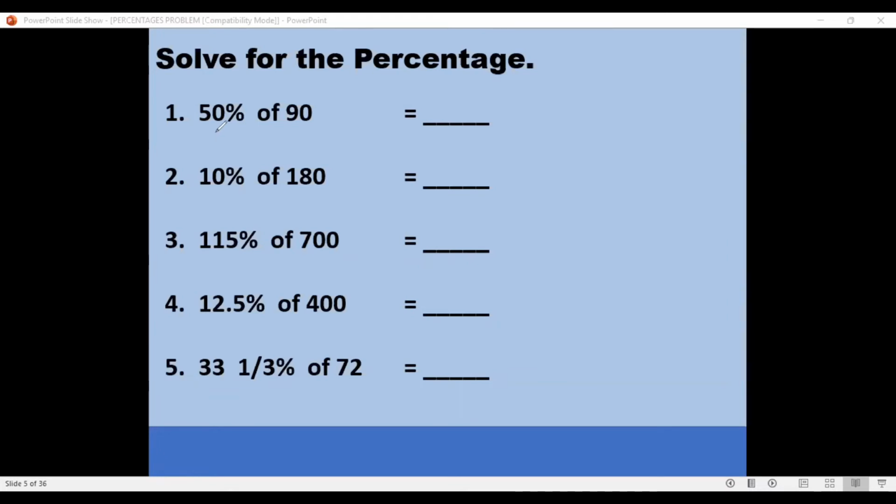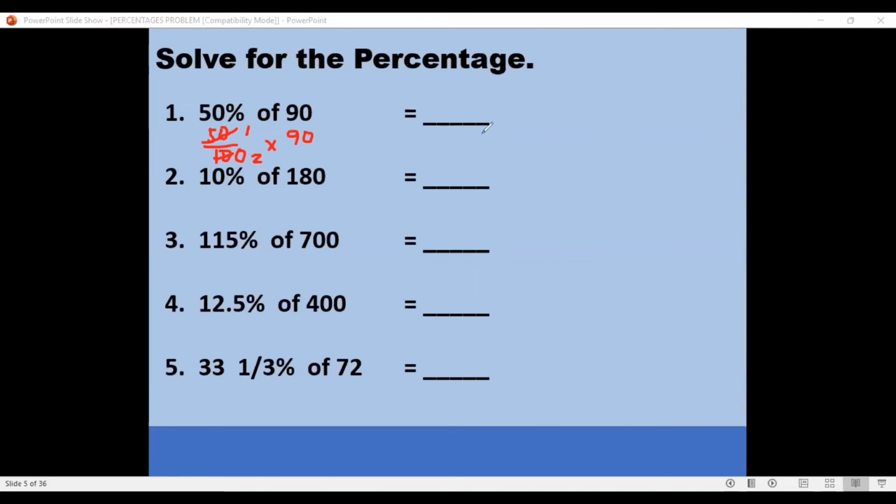So remember, 50% is actually equivalent to 1/2 of the number. Why? 50% means 50 over 100, and these are both divisible by 50, making it equal to 1/2.